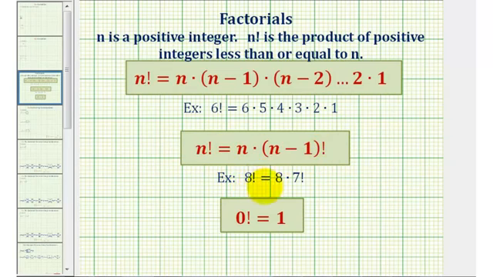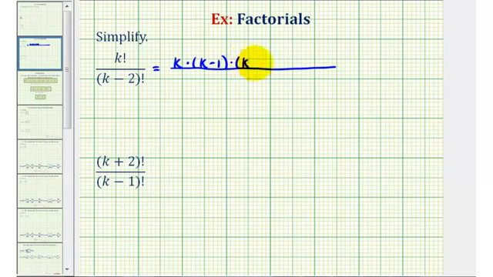The long way would be to start expanding each factorial. For example, k factorial would first contain a factor of k, followed by a factor of k minus 1, followed by a factor of k minus 2. Notice each factor is decreasing by 1. So the next factor would be k minus 3. This would continue all the way down to a factor of 2 and then 1.